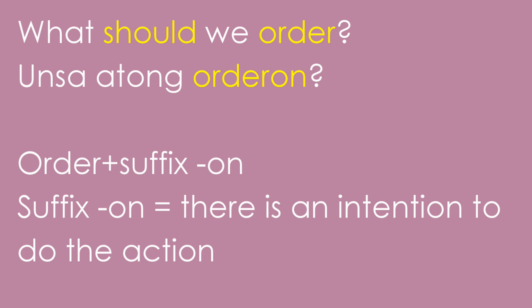So orderon is, order is an English term, and then we just added the suffix on. The suffix on means there is an intention that the person will do the action. So there's a big chance that he or she will do it. Okay, so orderon is should order.